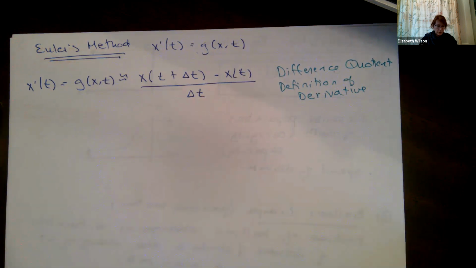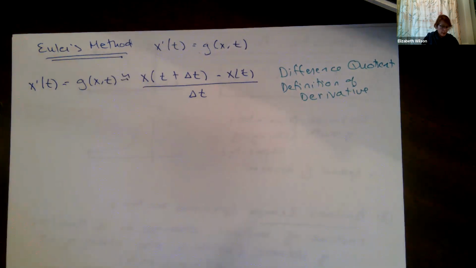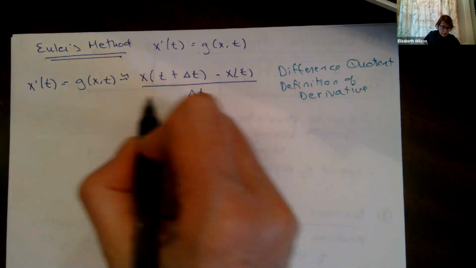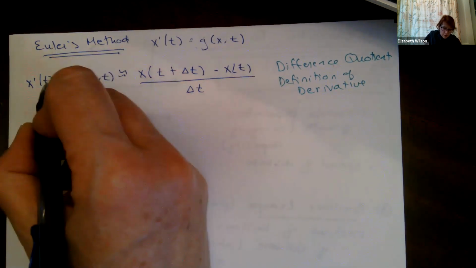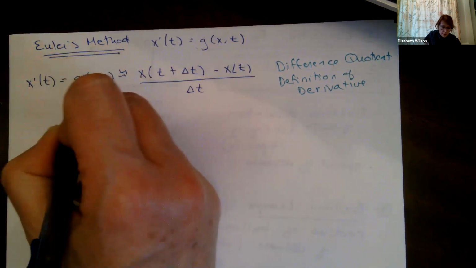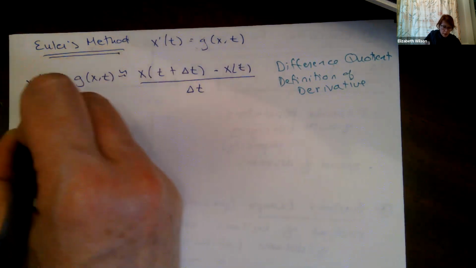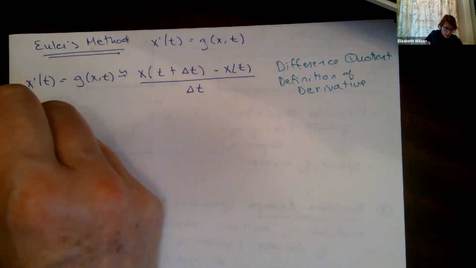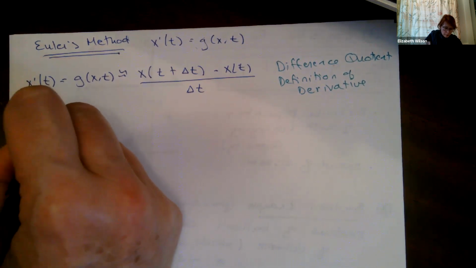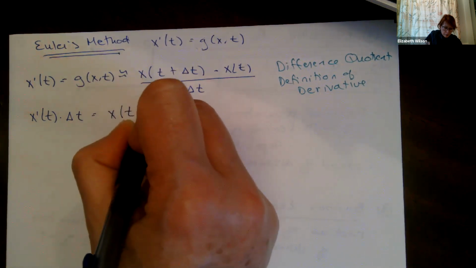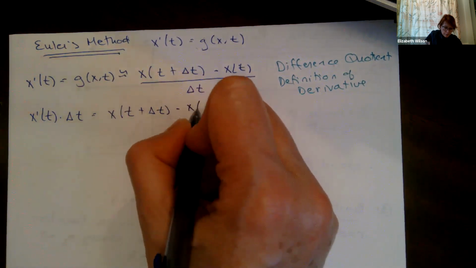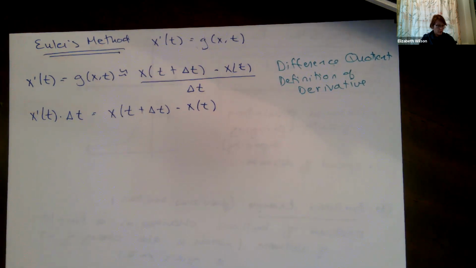So I'm going to rewrite this. I'm going to multiply delta t times g of t, but this is actually delta t times x prime because g of t equals x prime. So let's multiply both sides by delta t. I'm going to get x prime of t times delta t equals x of t plus delta t minus x of t. I'm going somewhere with all this, so bear with me.